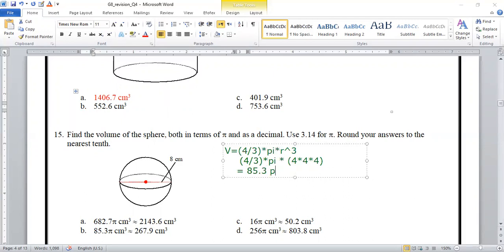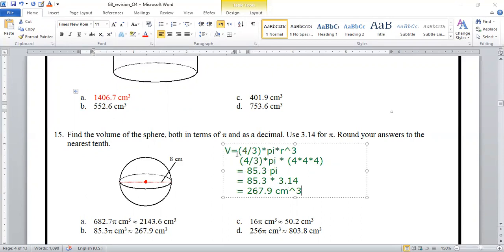85.3 pi. Okay, by substituting 3.14 for pi, we get 267.9 centimeters cubed.